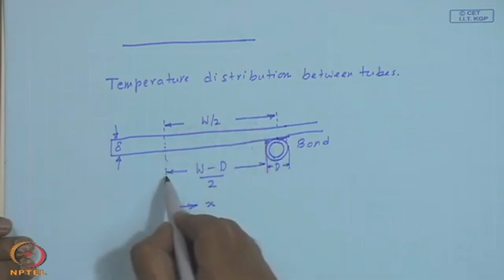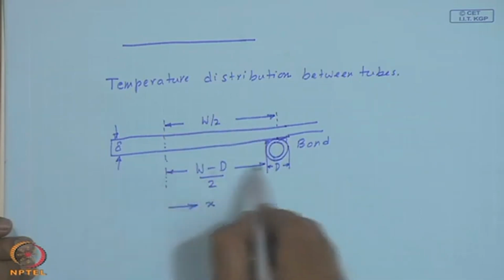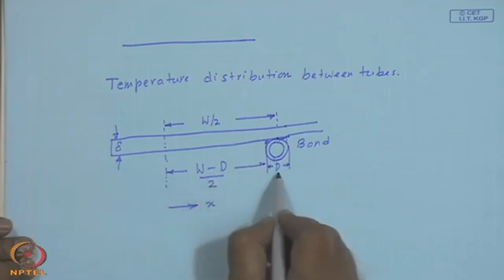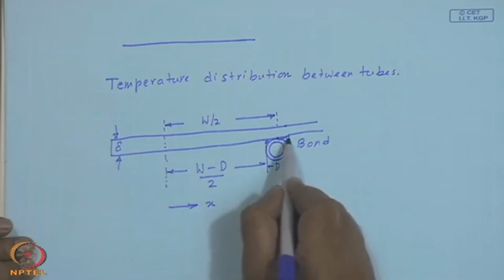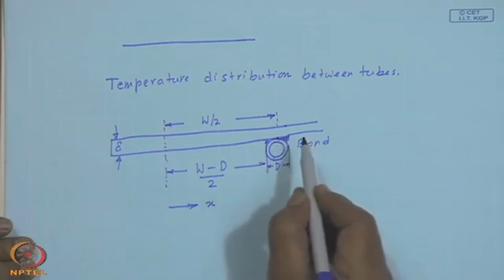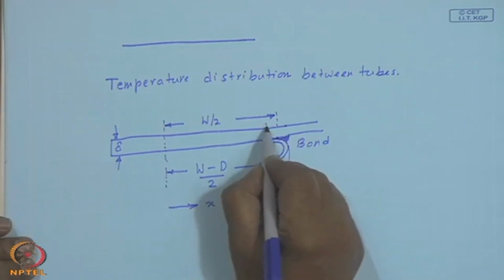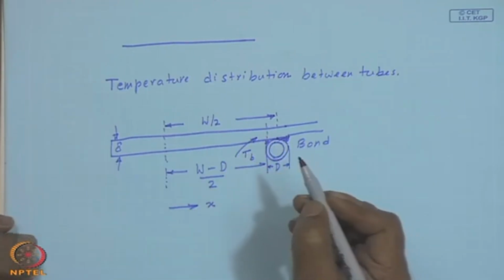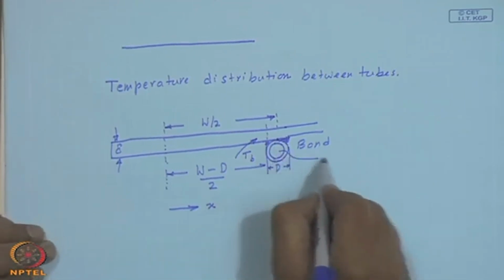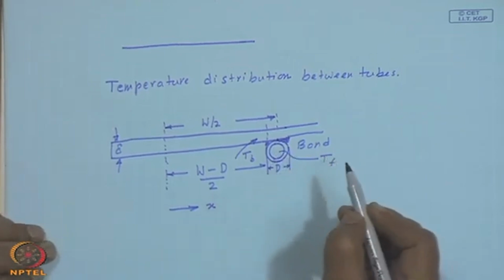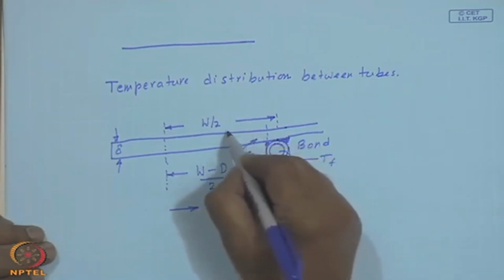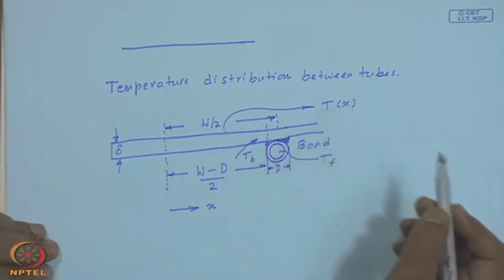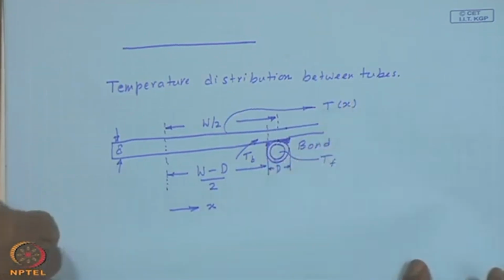The distance between the symmetric plane and the beginning of the tube is hence W minus D by 2, if capital D is the tube diameter. It is given by some bond conductance, and at the base there will be a temperature of T b. Inside will be T f, right. Over here it will be T a.